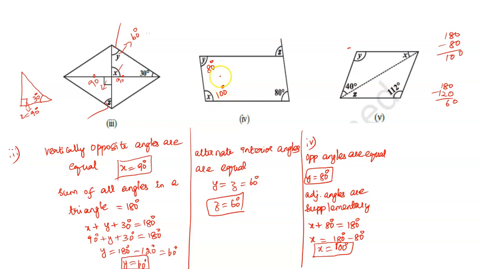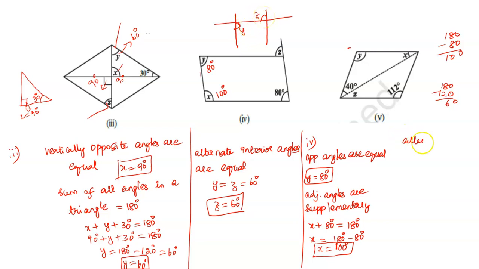Again, while seeing the diagram, these two lines are parallel lines, and we have a transversal across them. So this angle and this angle are both alternate interior angles. That is, your y and z are alternate interior angles.